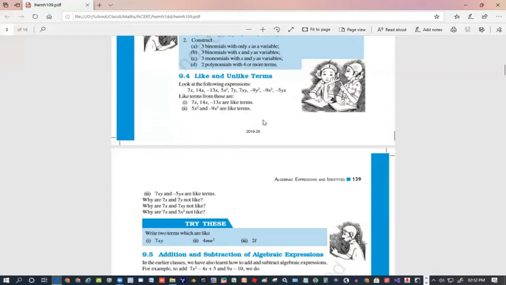Unlike terms are not added. We cannot add 5 and 7 here. But we can add 5 and minus 9 here. Similarly, this is like term because xy and xy are the variable part. Coefficient doesn't matter. If we add them, it will give us the answer in xy.